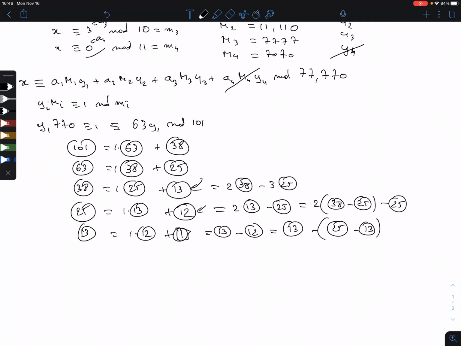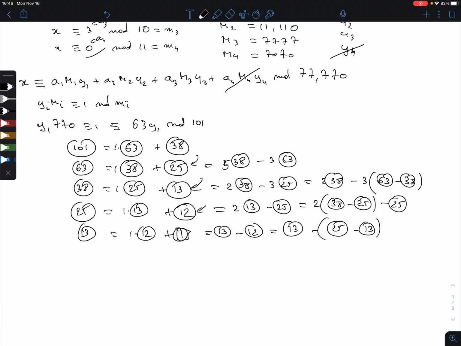And we use now 25, so that is 2 times 38 minus 3 times (63 minus 38). If I combine this, I have a 2 and a 3, so altogether 5 times 38 minus 3 times 63.